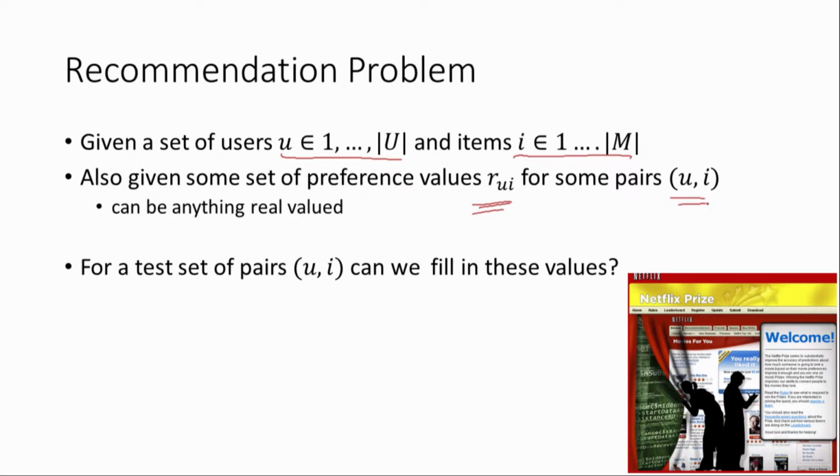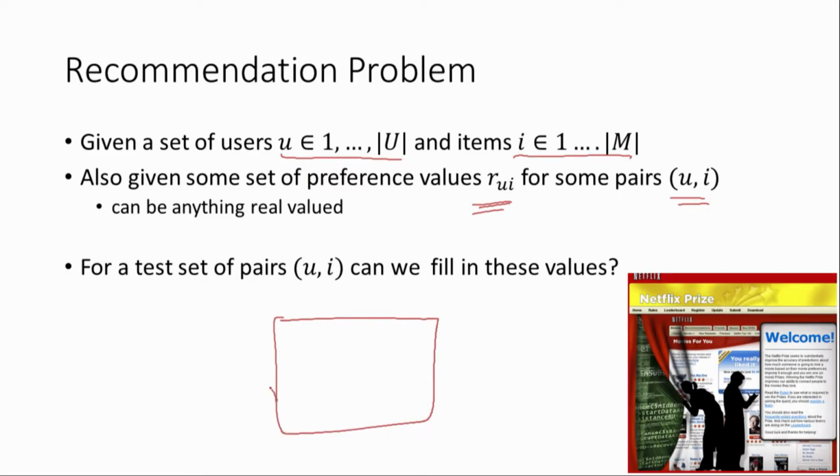Think of these preference values either as ratings, where the items are movies and you have rated the movie after you've seen it, or these preference values could be 0, 1, saying that you have gone to Amazon and actually bought this item, which means that you need this item in some sense. So you have this matrix of users versus items, and you are filling in some of the entries.